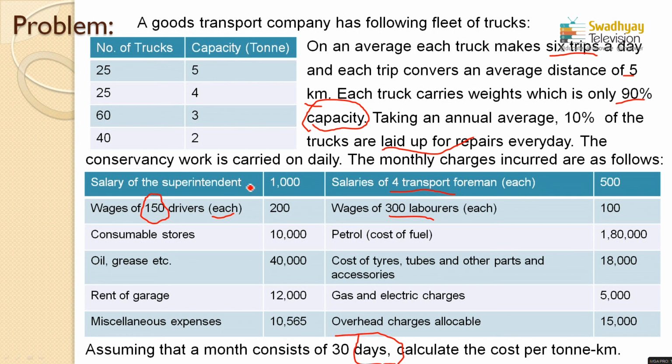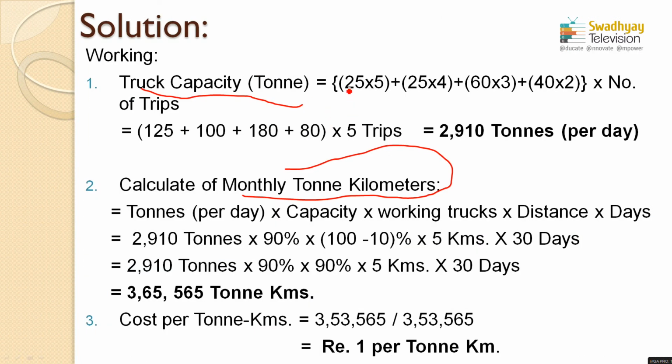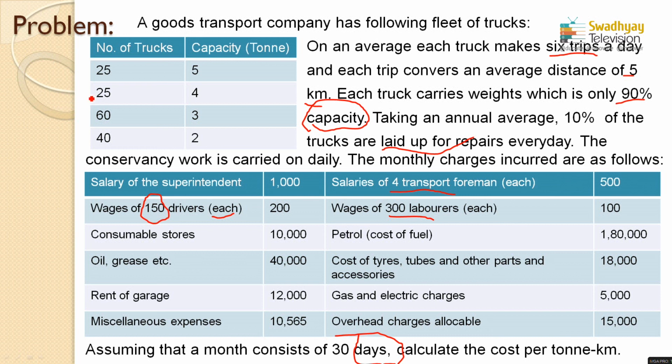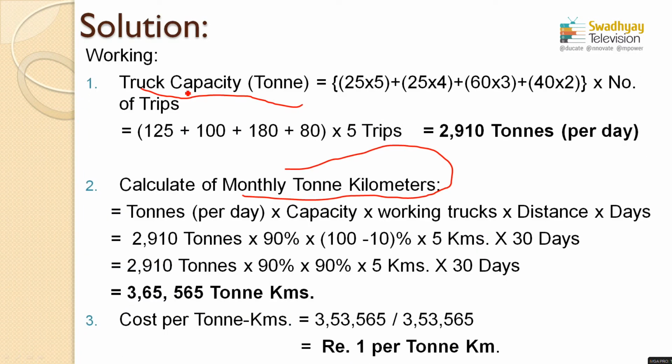For that we need to see the question once again. See here on the left hand side, the first table: 25 trucks and their capacity is 5 ton. So the first multiplication is 25 trucks multiplied by 5 tons, plus the second information, 25 trucks with a capacity of 4 tons, so 25 trucks multiplied by 4 tons.